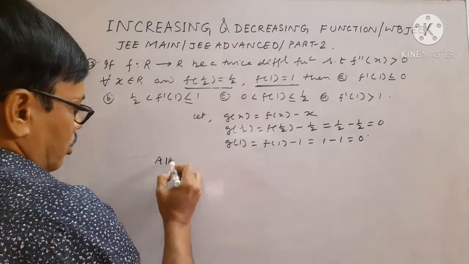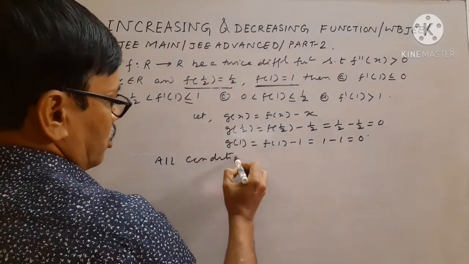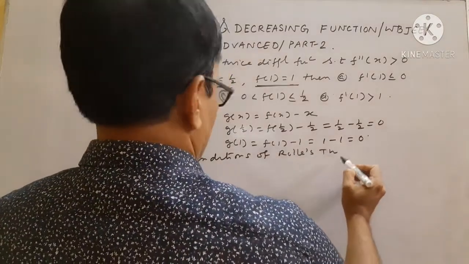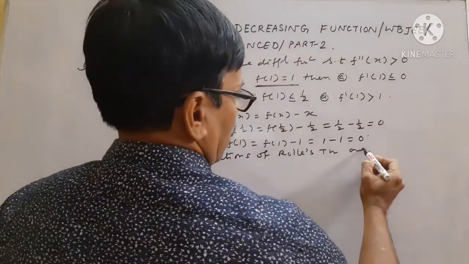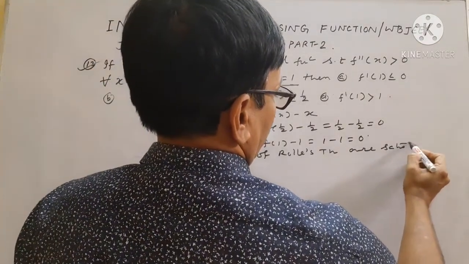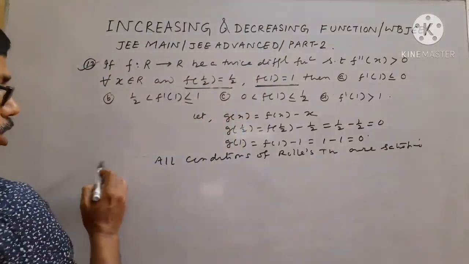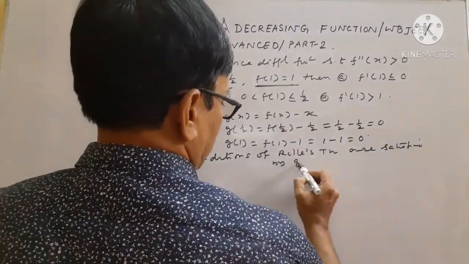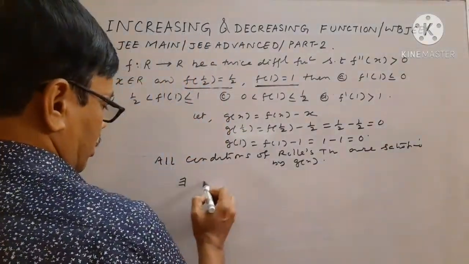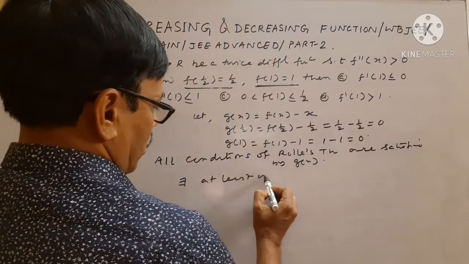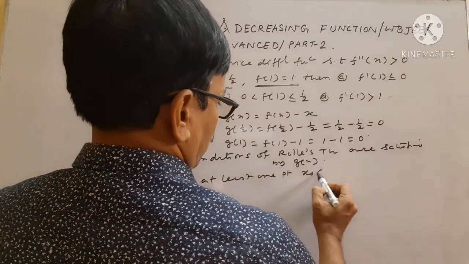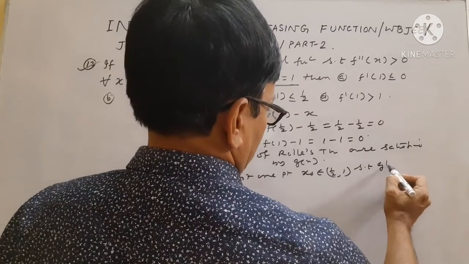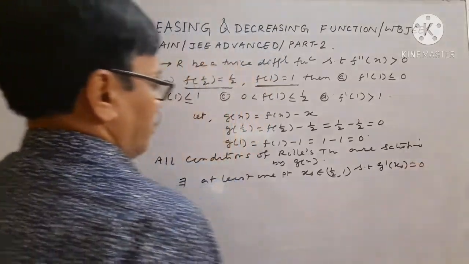So all conditions of Rolle's theorem are satisfied by gx. Therefore, there exists at least one point x0 belongs to half comma 1 such that g dash x0 equals 0.